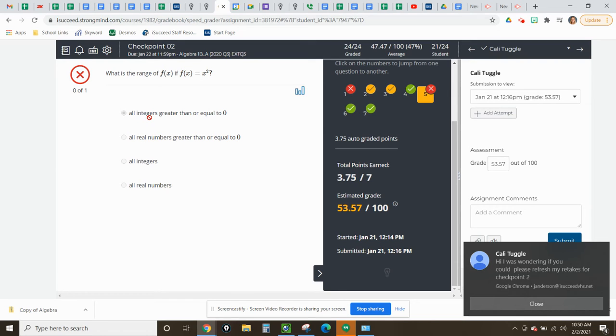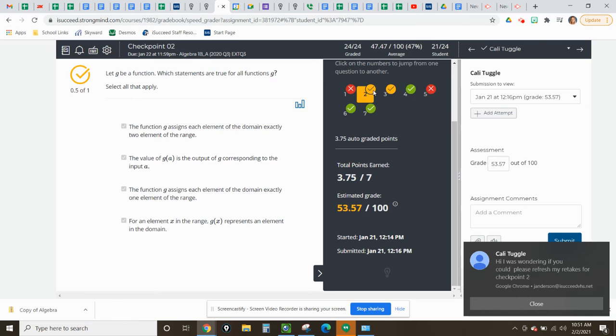Integers are whole numbers, like 5 or -3, not including decimals and fractions. And you could plug in a decimal or a fraction here. You could do 0.5 squared, which would be 0.25. So integers is not going to work here. But this one, all real numbers greater than or equal to 0, would be the better choice.